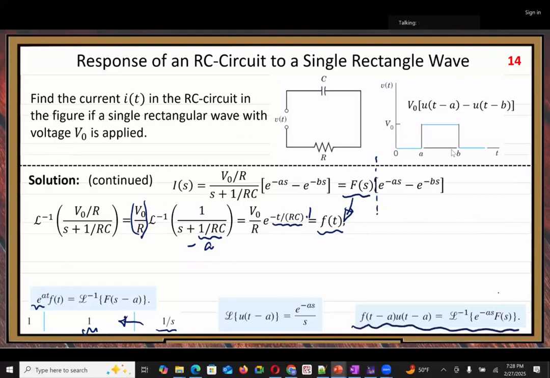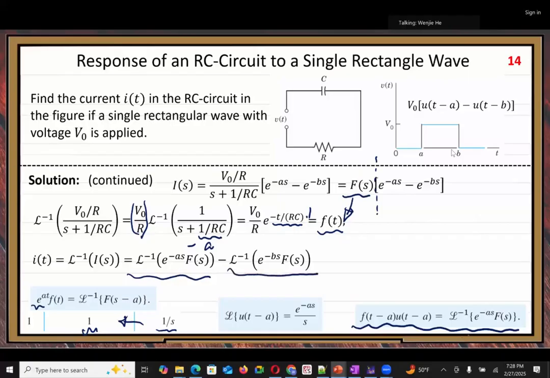For little i of t, the inverse, we split into two terms. The first term we apply the second shifting theorem with a, f of t, and the second term is the b version.